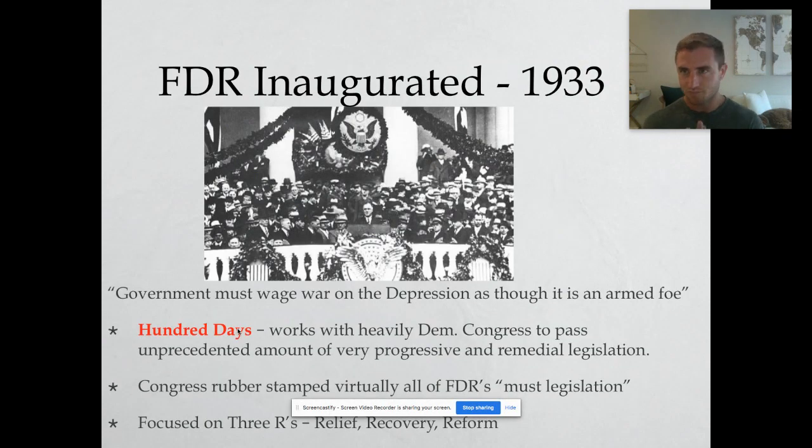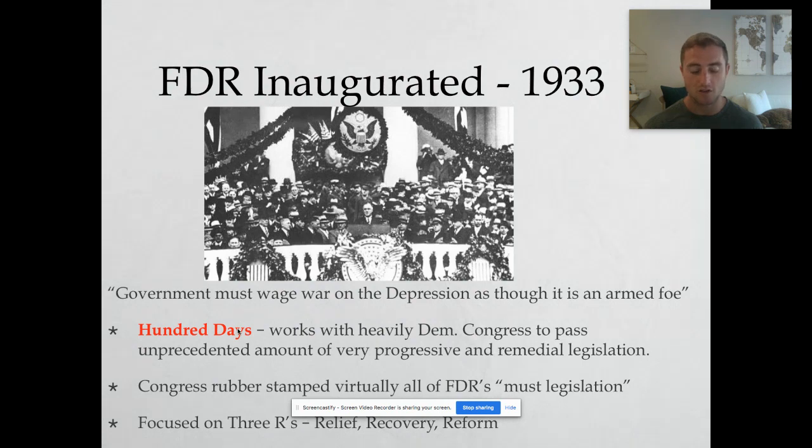Okay, FDR is going to come in. We're going to make some big changes right away. We're going to see some direct government intervention in a way that we have not seen, and an extension of what we saw in the progressive era. The 100 Days is FDR working with a heavily Democratic Congress to pass seemingly an endless amount of laws to come in and try and combat the Depression.